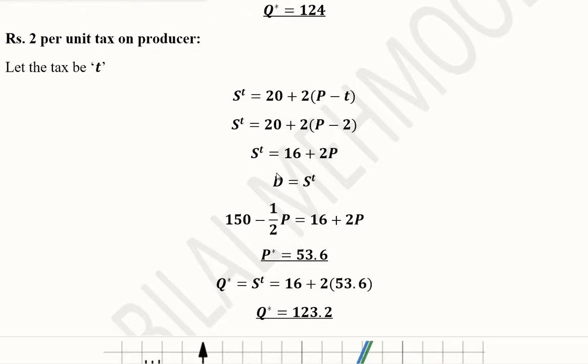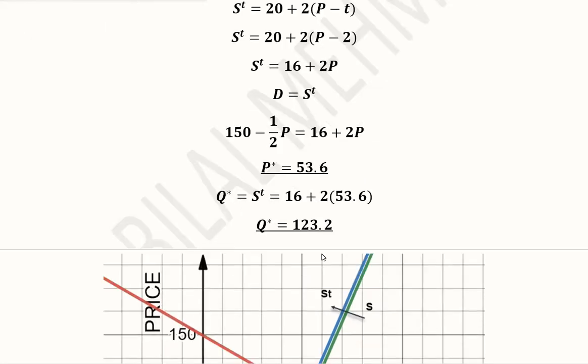Now we are in a position to reanalyze the equilibrium by equating D and ST, that is the original demand curve and the post-tax supply curve. This was the original demand curve and this is the post-tax supply curve. We can solve them easily and the equilibrium price will be 53.6.